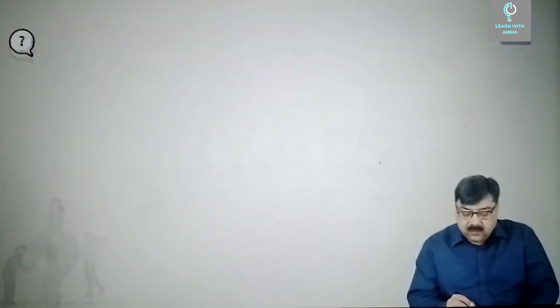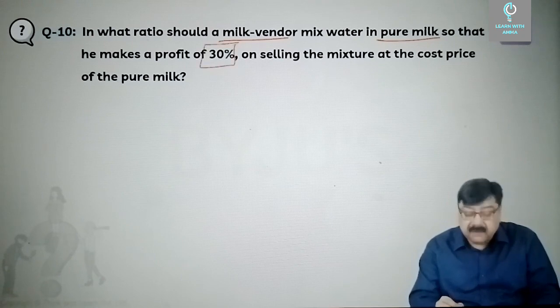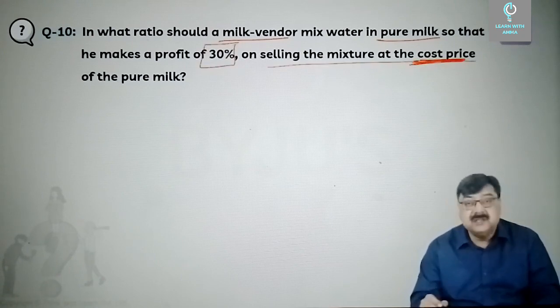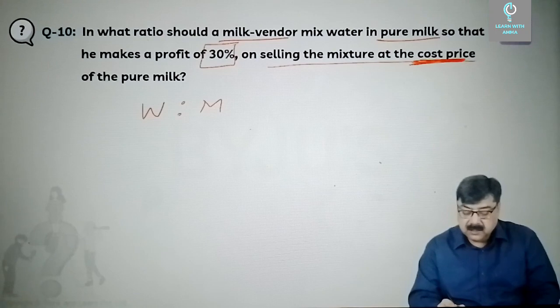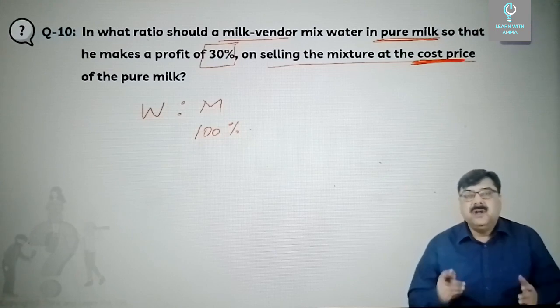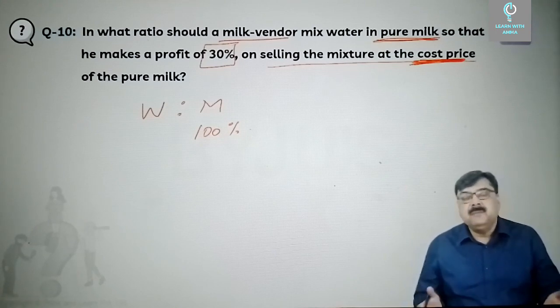Now next question. In what ratio should a milk vendor mix water in pure milk so that he makes a profit of 30% on selling the mixture at the cost price of the pure milk? So water is to milk. See, pure milk is always 100%. Alright. Now, if he is selling 100% pure milk at the cost price, he will not make any profit.